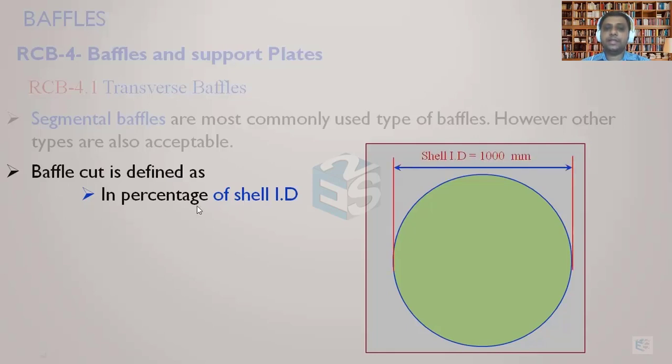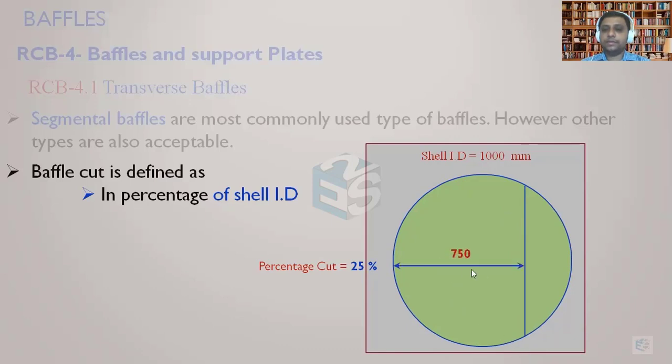So if it is specified in terms of percentage of shell diameter, let's take one example. Shell ID is equal to 1000 mm, and let's say percentage cut is defined as 25%. So in 1000 mm, 25% cut is there, so let's say this represents the baffle cut.